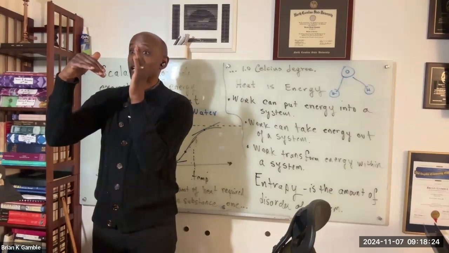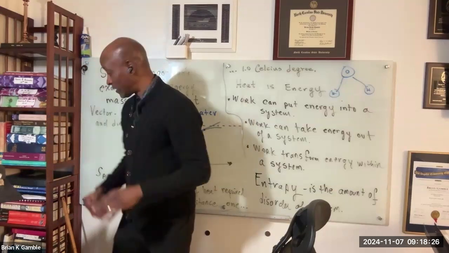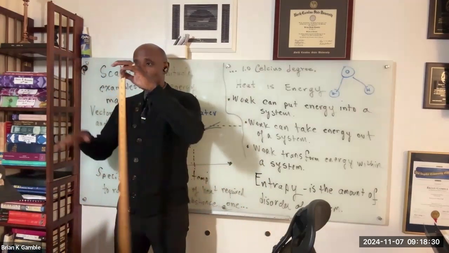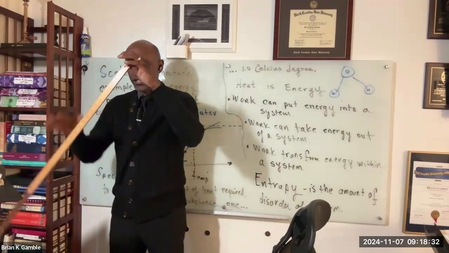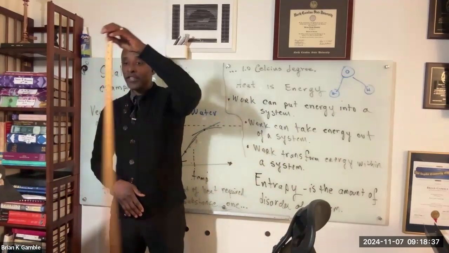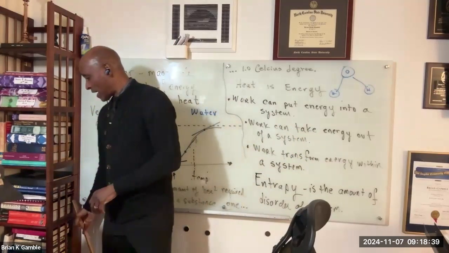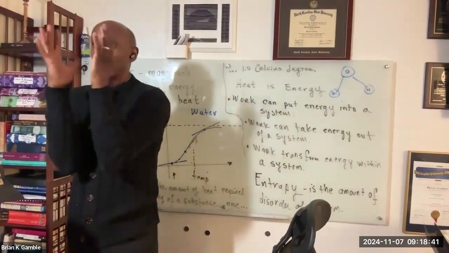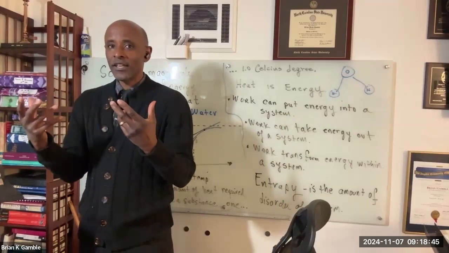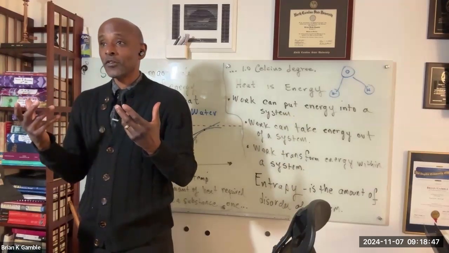The water molecule can absorb the energy of the microwave in a way analogous to how you can absorb the energy of your parent pushing you on a swing when you're a kid, and the amplitude of the energy gets higher. And in the case of the microwave, the amplitude gets higher, and it basically just raises its temperature.